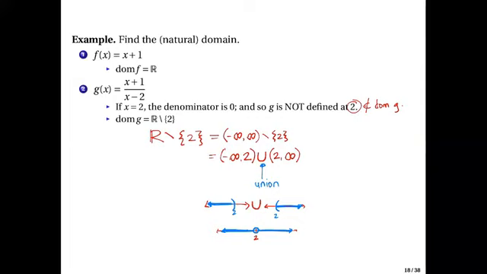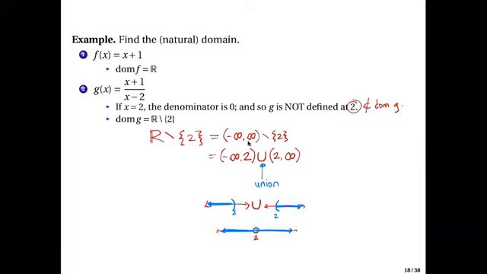So when you write this 2 below that, it means the 2 is not included. So again, the domain of g is the set of real numbers except 2. So R backslash braces 2. This means 2 is not included.